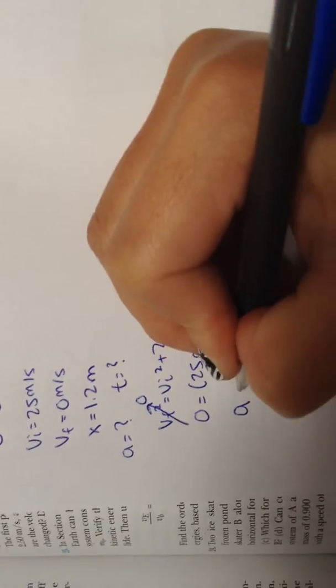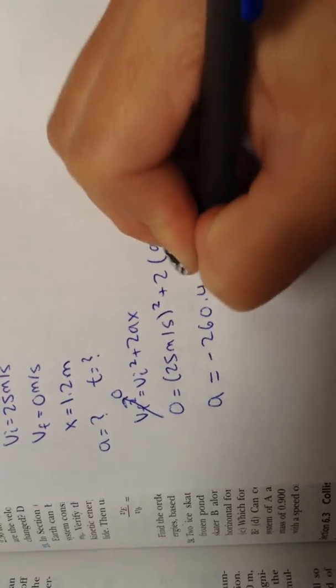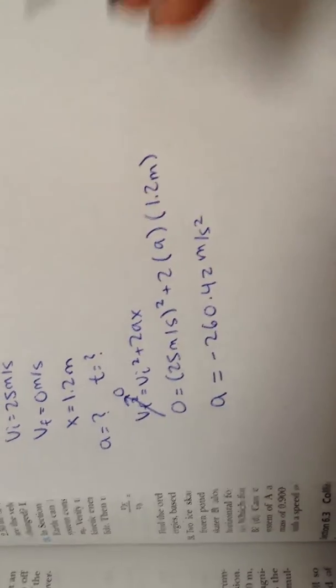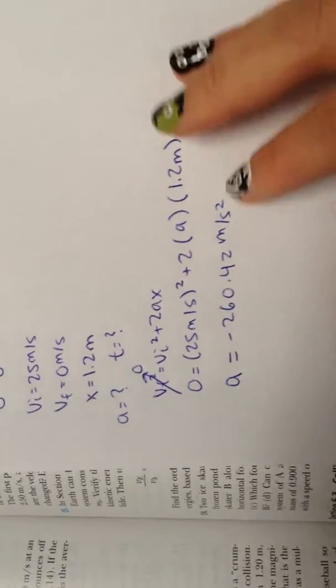So that gives you an acceleration of negative 260.42 meters per second squared. And it has to be negative because the car is slowing down.